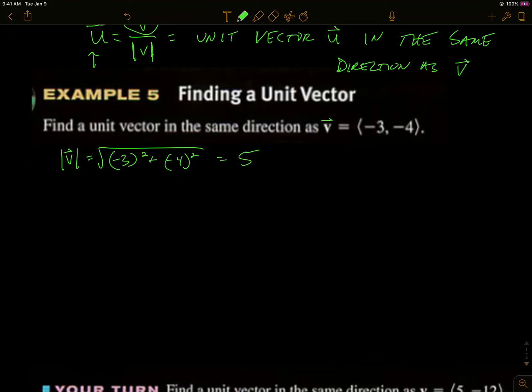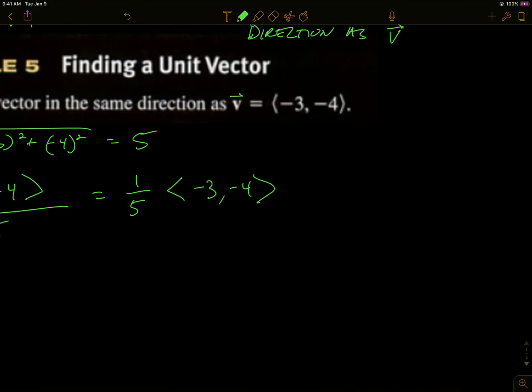Now, if we take vector v and divide it by its magnitude, which is 5, we don't really write it as divided by 5. We do scalar multiplication, so we write it as a scalar, 1/5, instead of dividing by 5.